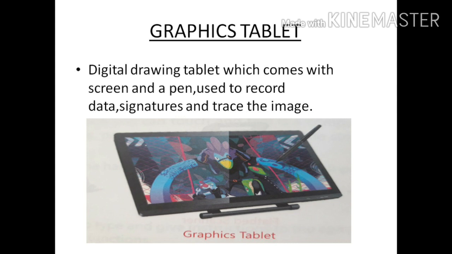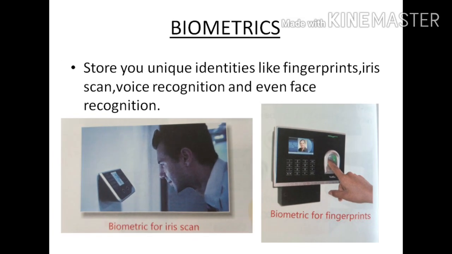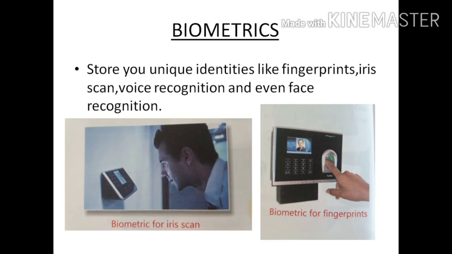And the next input device is biometrics, which stores your unique identities like fingerprints, iris scan, voice recognition, and even face recognition. Here you can see biometric for iris scan, which means eye scan. Then biometric for fingerprints.